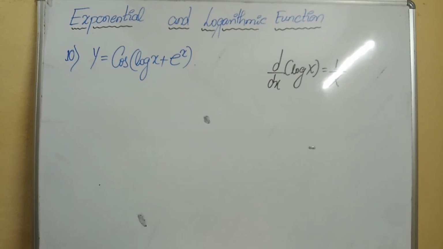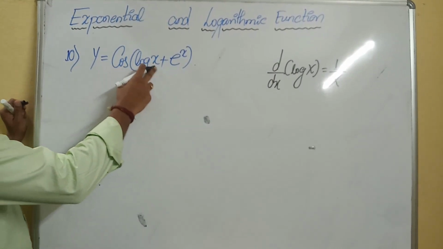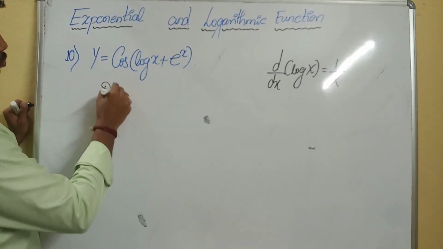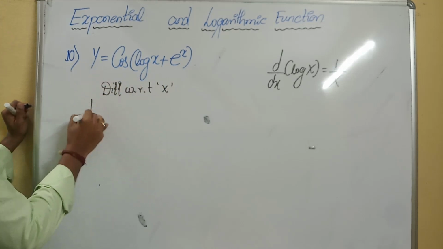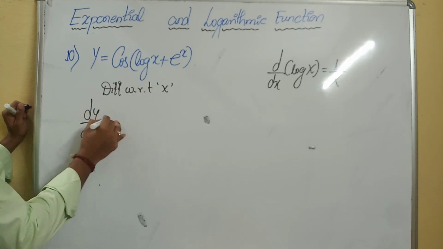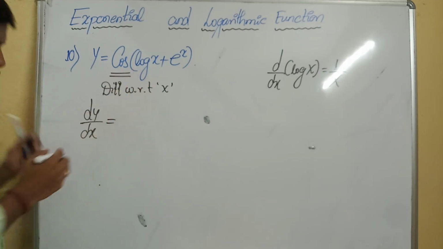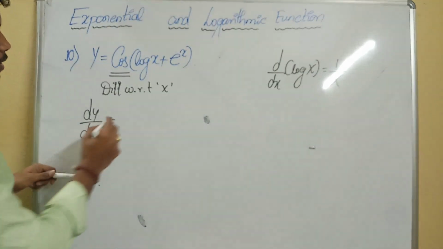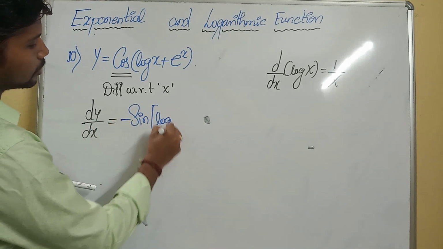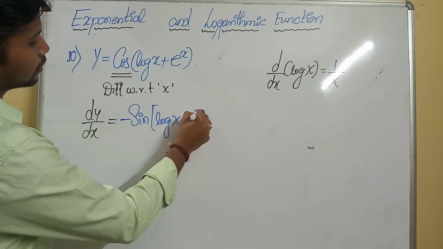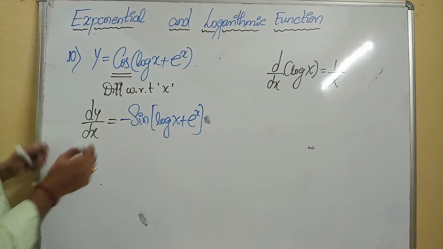Observe the next one. It is cos of log x plus e raised to x. Okay, composite one it is. Differentiating with respect to x. What is dy by dx? What is cos? Means a cos function. What is the cos x derivative? Minus sine of the angle, which should be as it is: cos of log x plus e raised to x as it is.